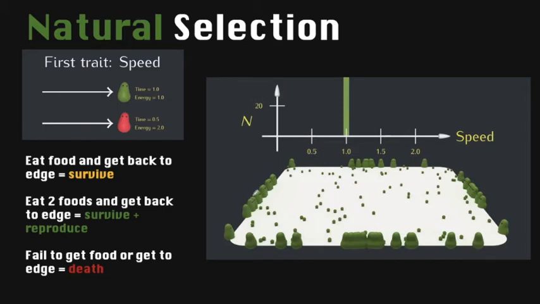So we're going to get to see how this population will evolve. What's natural selection going to favor? Is natural selection going to favor slower organisms, or faster organisms? So take a look at this part right here.